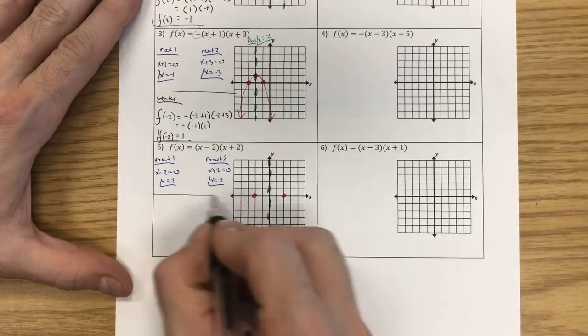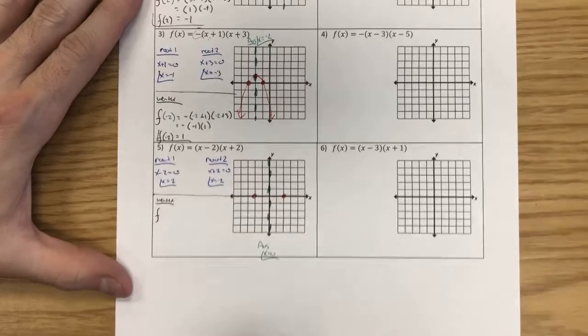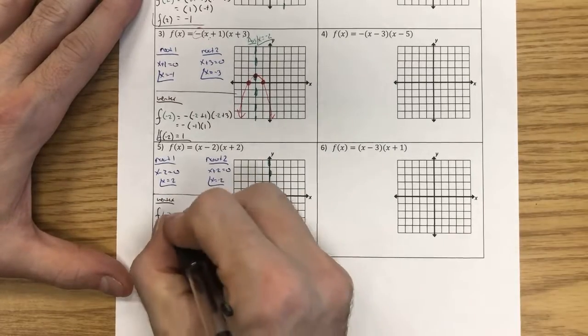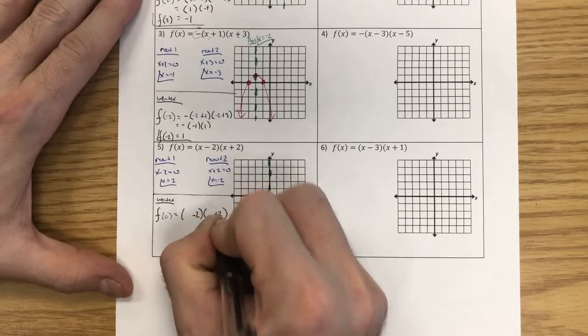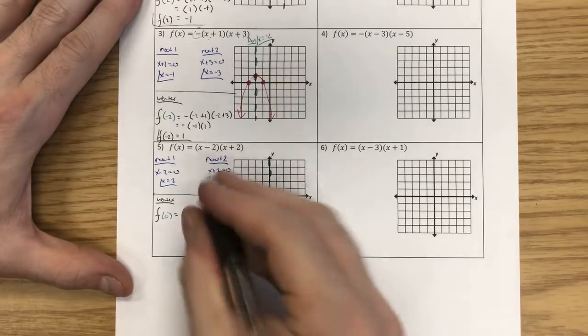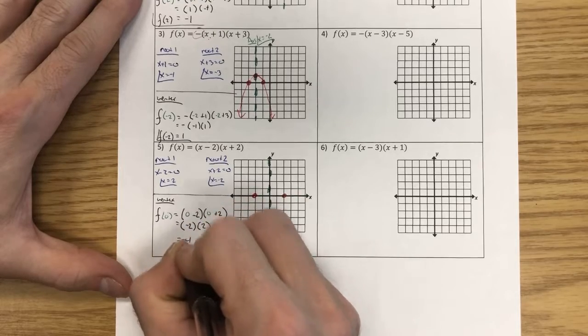I just got to plug that in, see what happens. So if I plug in f of 0, and I like this because 0 is always easy to work with, 0 minus 2, 0 plus 2. Now that's going to be a negative 2 times a positive 2, which is going to be a negative 4.